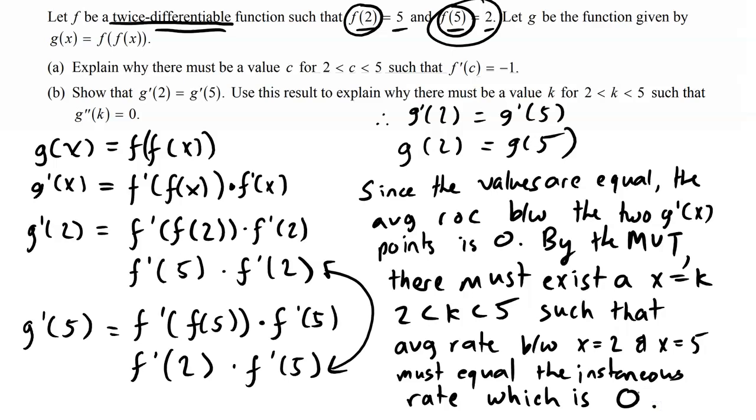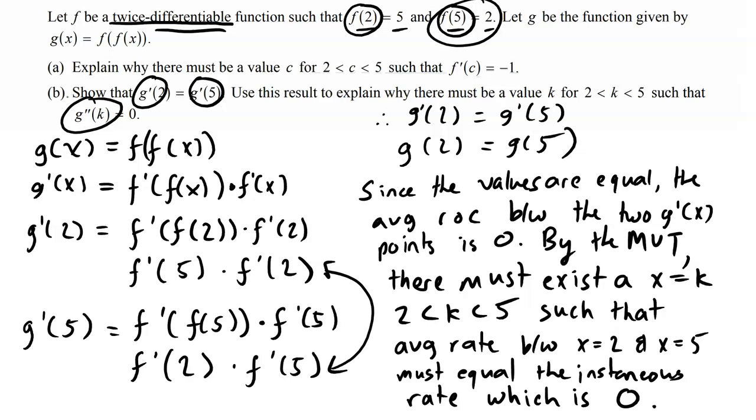Since the average rate of change between those points is 0, there must be a value k in between such that the derivative of the function we're looking at is 0. It's very confusing because we're thinking of g prime already being a rate, and then we're thinking of g double prime. But just think of it as taking an extra step up from the mean value theorem. Instead of f and f prime, we're thinking of g prime and g double prime, and it still holds as long as the conditions are met.